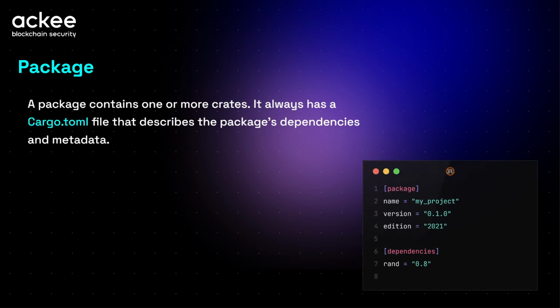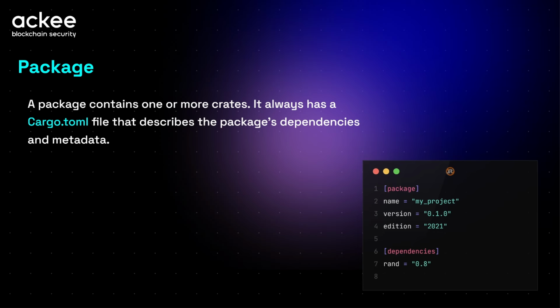Then we can have package. Package contains one or more crates, and it always has a Cargo.toml file that describes the package, dependencies, and metadata. In the small picture on the right hand side, you can see what can be the contents of the Cargo.toml file.